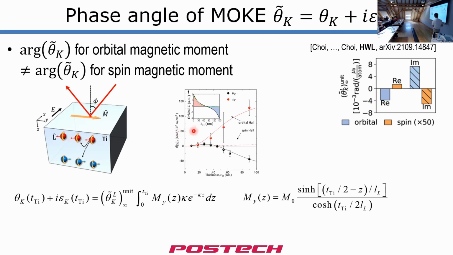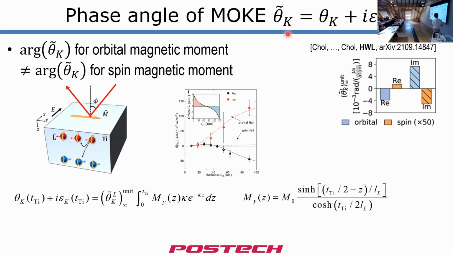You can see that the response is not just a simple monotonic function. They depend on thickness. For instance, they may change sign like this, like a half oscillation. And this thickness dependence profile is very sensitive to the phase angle of this complex theta k.